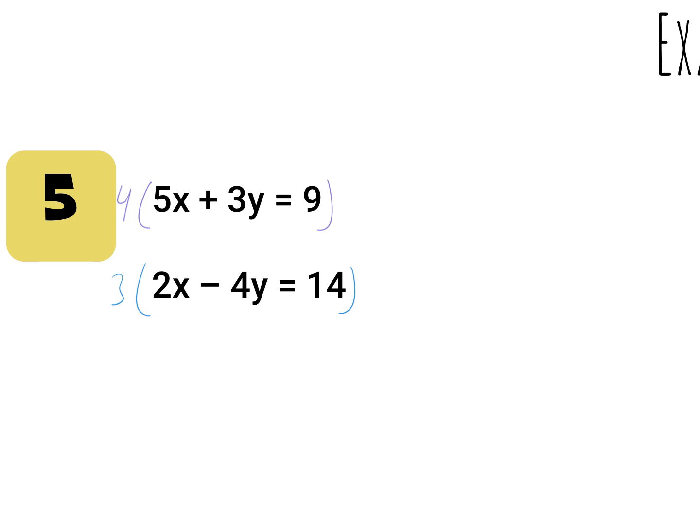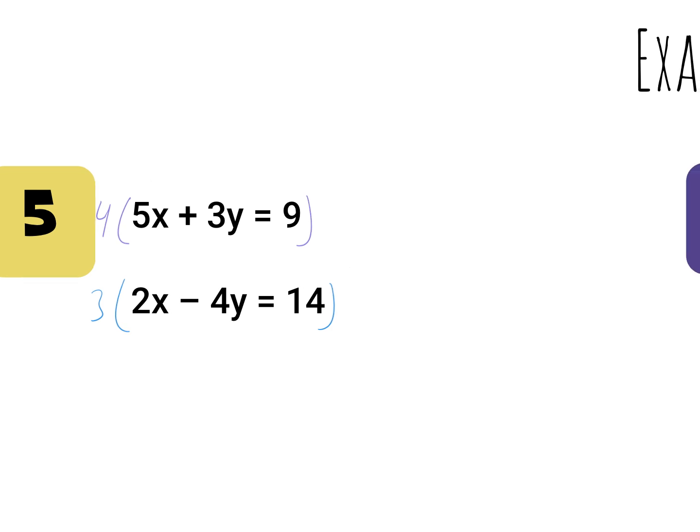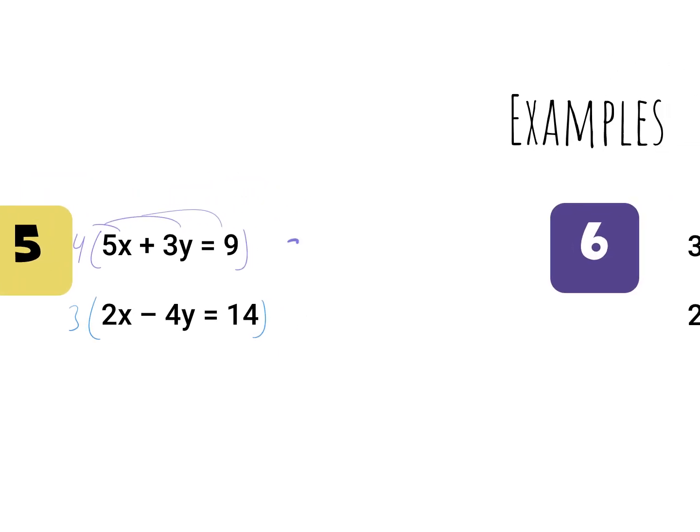So least common multiple meaning 3, 6, 9, 12, 15, and with 4, 4, 8, 12, 16, 20, and so on. 12 is the least one. So then I can go ahead and distribute that 4 to everything, and then we end up with a 20x plus 12y equals 36.